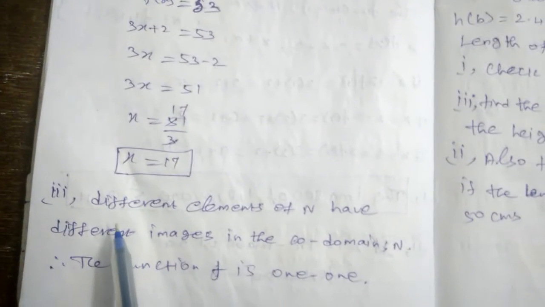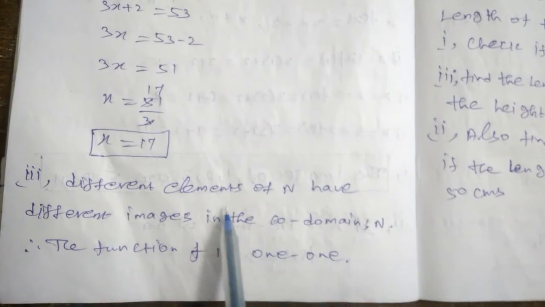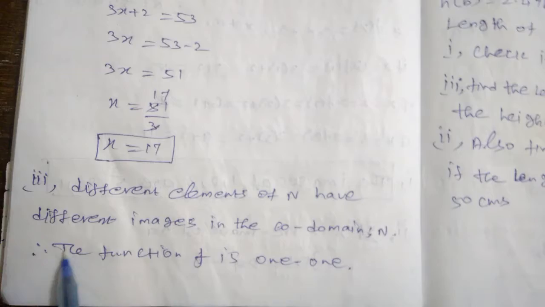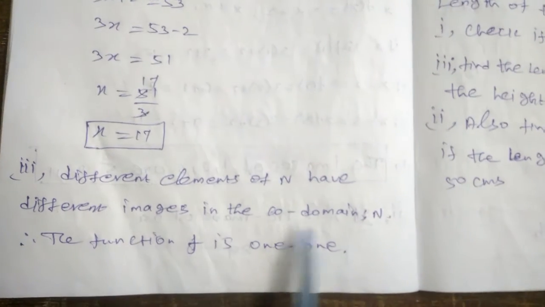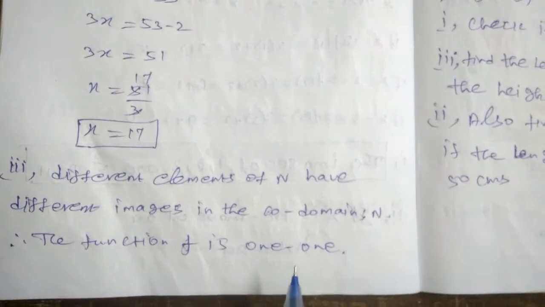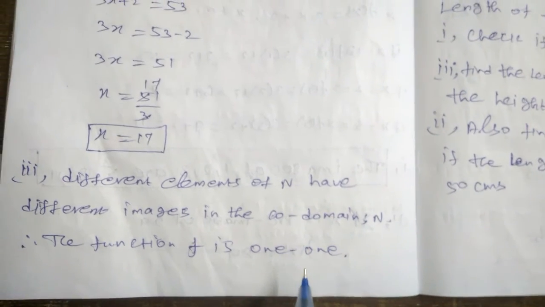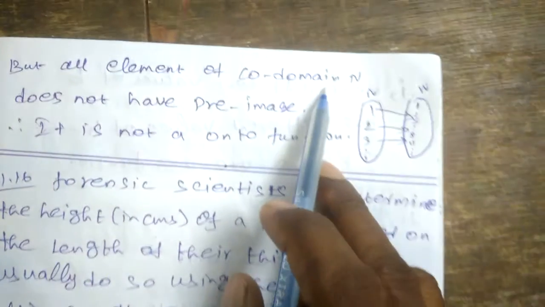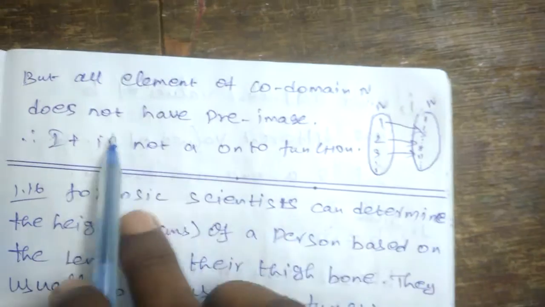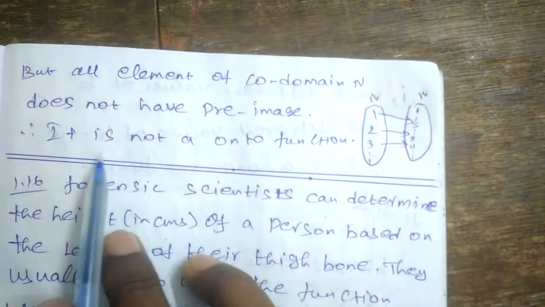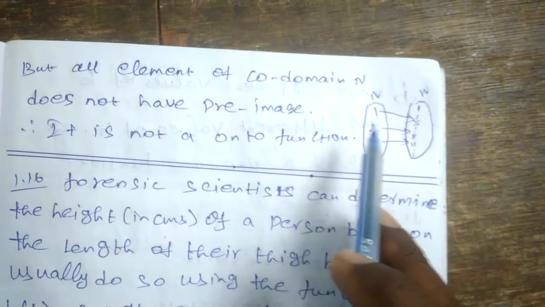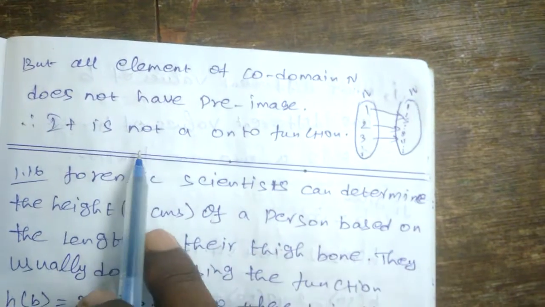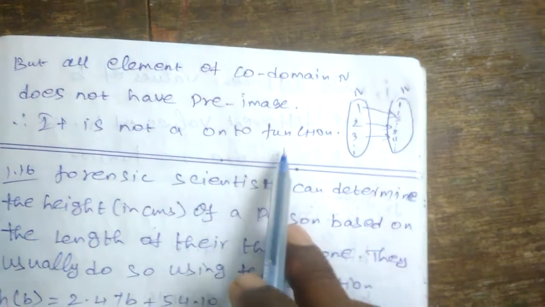Next, the third question. The different elements of N have different images in the codomain N, so the function f is a one-one function. But not all elements of the codomain N have a pre-image in N, so it is not an onto function.